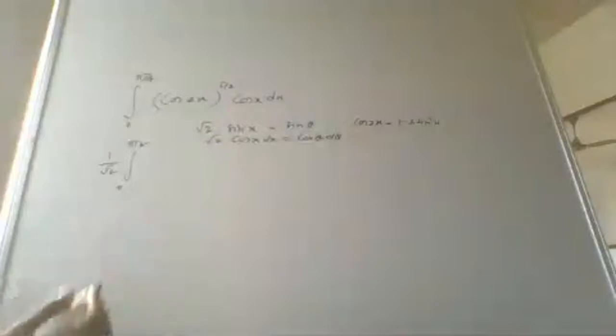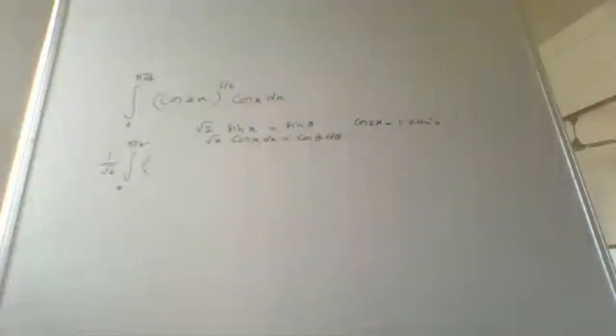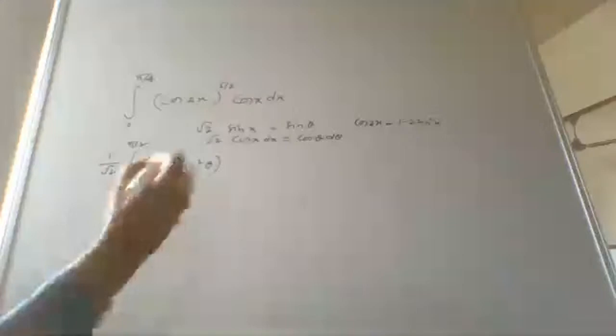If I simplify this with respect to theta, it will be 1 minus sine square theta to the power 5 by 2, and this is cos theta d theta.